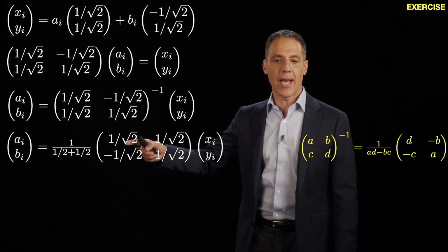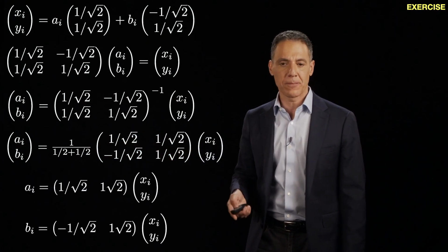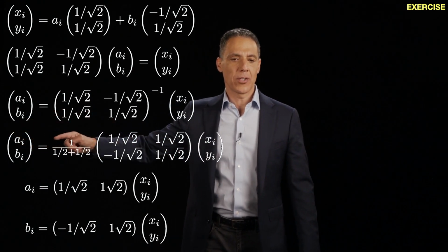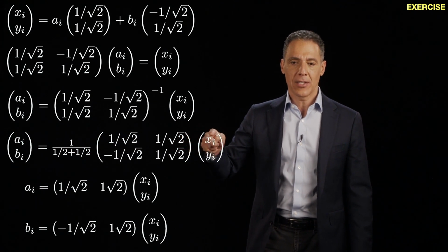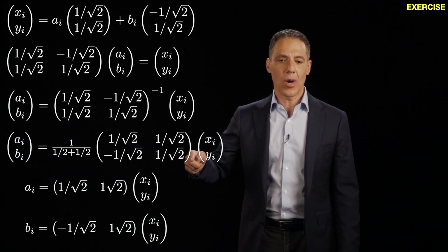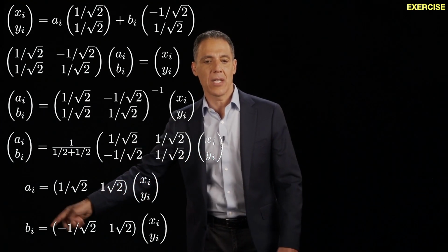I'm going to swap the diagonal, negate the off diagonal, and this is my matrix inverse. So what is a_i? The determinant is 1. So now it's this row of the matrix times xi, yi. So that's a_i. And it's this row of the matrix inverse times xi, yi, and that gives me b_i.